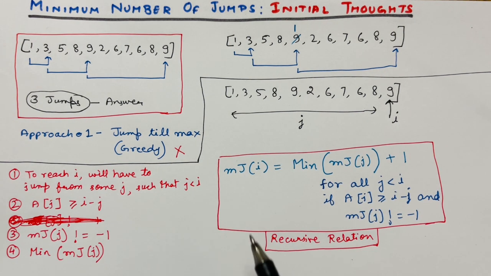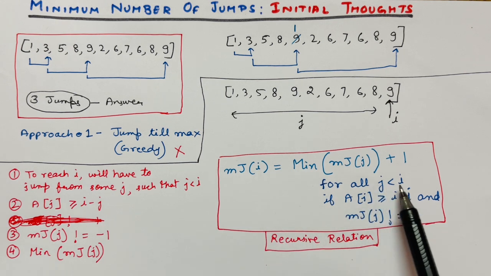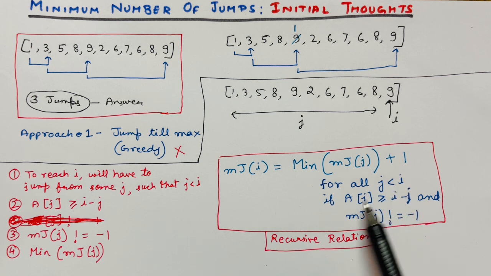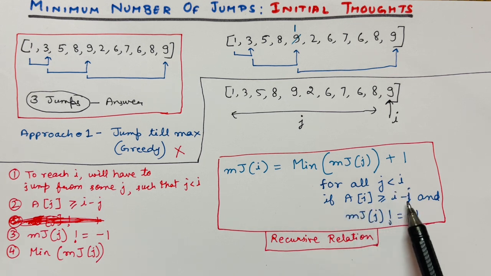So if we are representing our original problem as minimum jumps required to reach the position i, then how will we calculate it? We will check for all j which are less than i. If a[j] is greater than or equal to i minus j, that means a direct jump from j is possible, and minimum jumps till j is not equal to -1.